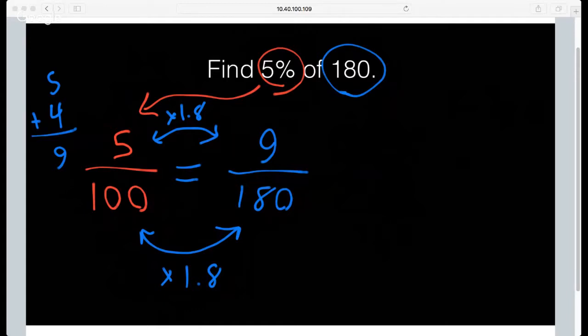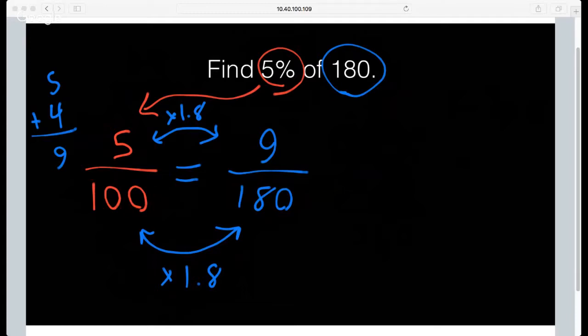Also, let's say you didn't know how to go from 100 to 180, you didn't realize you could multiply by 1.8. We could do the thing we did before. We could move this down to 10 and then multiply 10 by 18, right? Because 10 times 18. So let's do that. What would this look like if we move this down to 10?